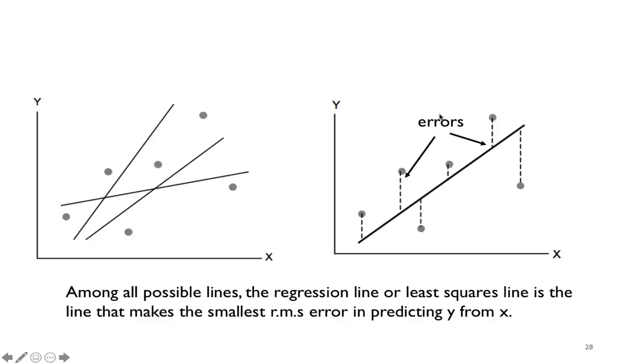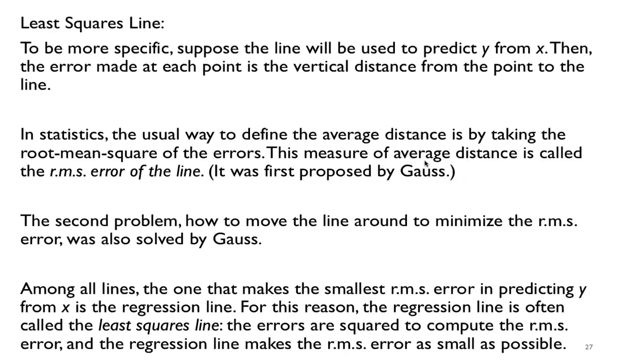If we look at all the errors and find the root mean square, then the regression line that we talked about in this section is the line that minimizes the RMS error.